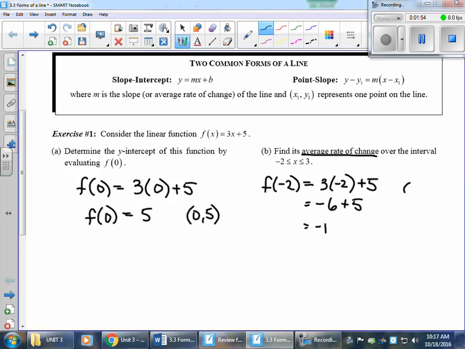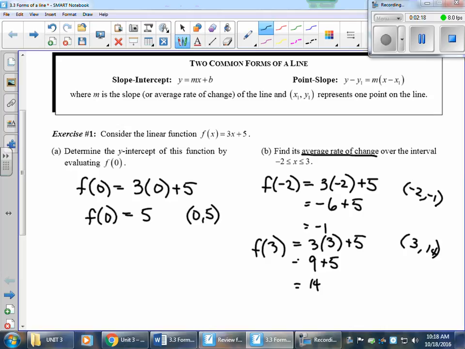Again, I always just try to keep in mind it represents the point (-2, -1). And then we do f of 3. f of 3 turns out to be 3 times 3 plus 5, which is 9 plus 5, which is 14. So again, this is the point (3, 14).